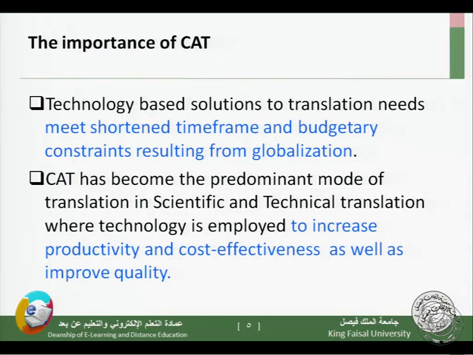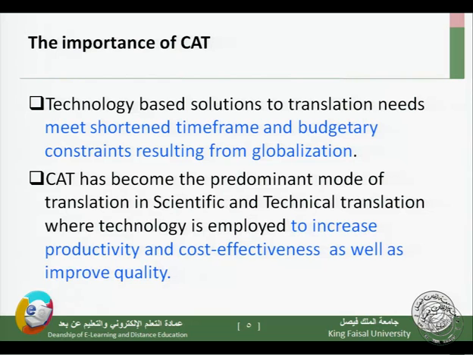Technology helps us because we need time, and it helps us to do things in a shorter time, and to do things cheaper. And especially nowadays, this is as a result of globalization. They need things quickly, they need things cheaply, if it means lesser price.